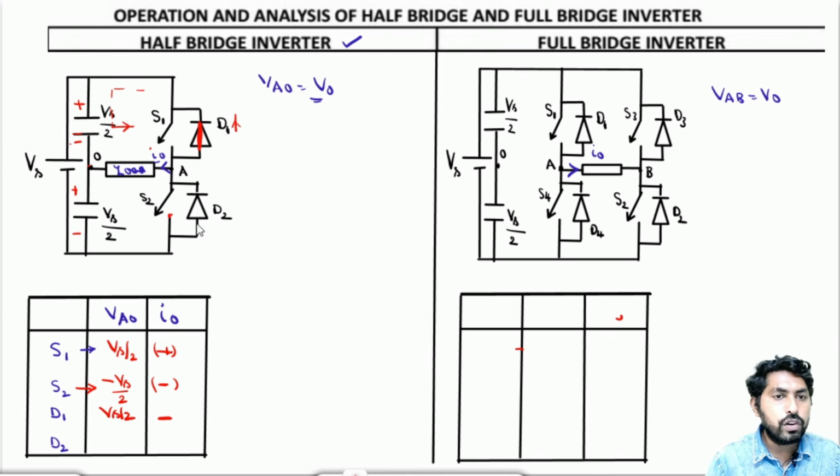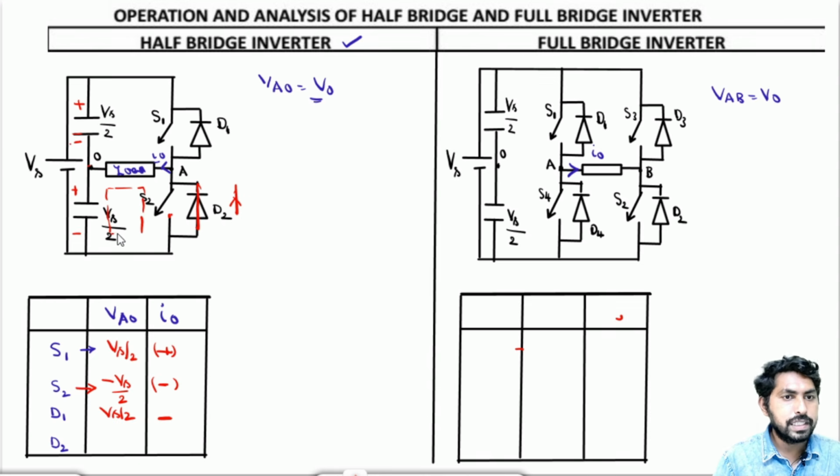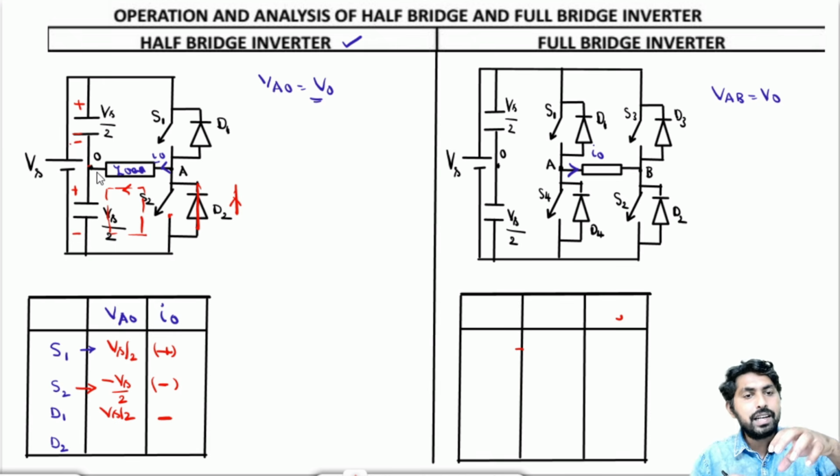Now what happens if I close the D2? If I close the D2 here, the current flows in this direction, from the A to O. So the assumed direction and the actual current direction are both the same.